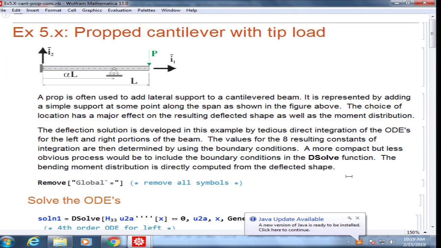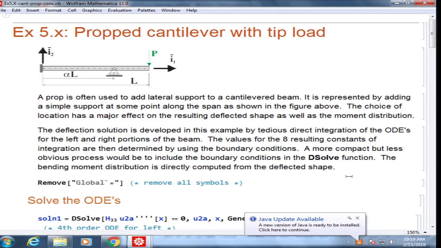I have a differential equation which is H33 times the fourth derivative of U2 with respect to x1 equal to 0, because I don't have any distributed load on the beam. I just have only a tip load. Okay, so this is my first equation, and H33 came out of the derivative because we are assuming that it's a uniform beam.